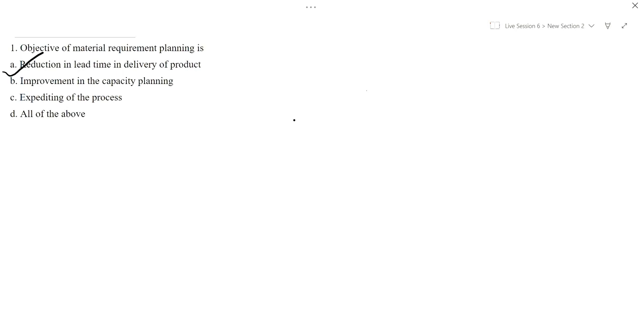Okay, so I'll write a few points regarding this. Three objectives of MRP.